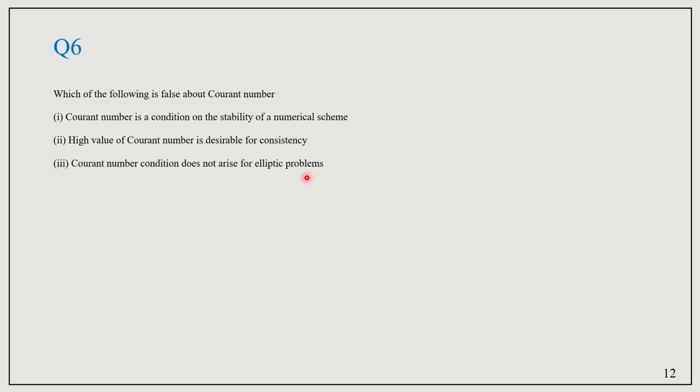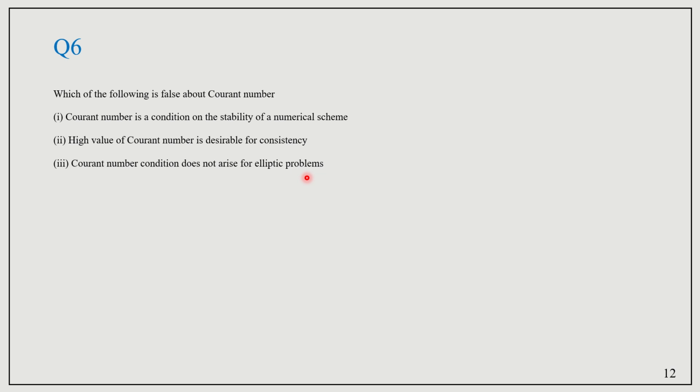So there, actually speaking, the Courant number condition does not arise. We will see why in the next slide, but to give you an idea, it is a time independent solution, all those elliptic boundary value problems. So the third statement is again true.